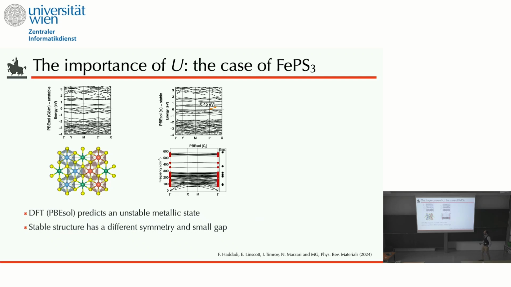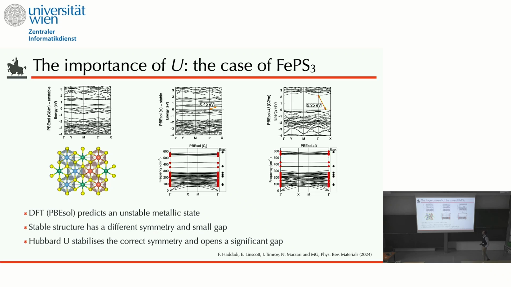You can maybe stabilize the structure at the DFT level by following the unstable phonons, and you get something non-metallic with a finite gap, but still the comparison for your frequencies is not super good. You really need the Hubbard correction to stabilize the correct ground state, open a reasonable band gap, and get better agreement for the Raman frequencies of your phonons.